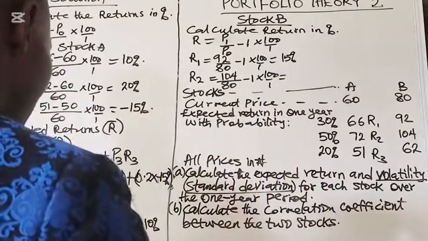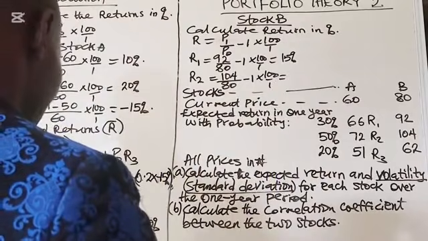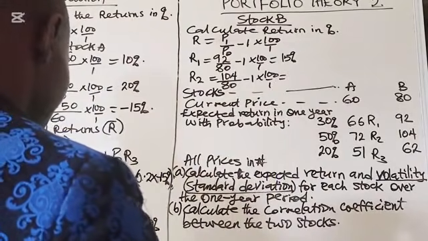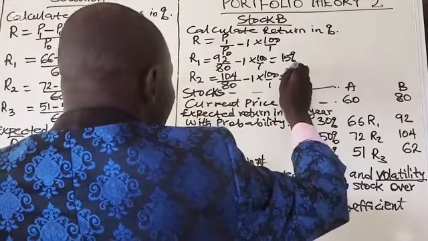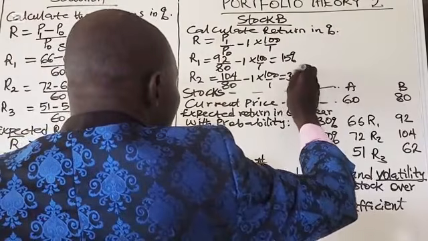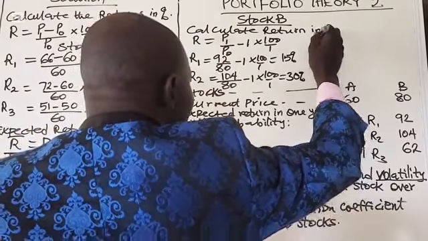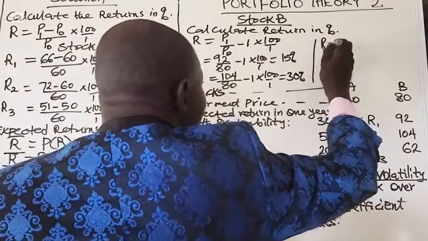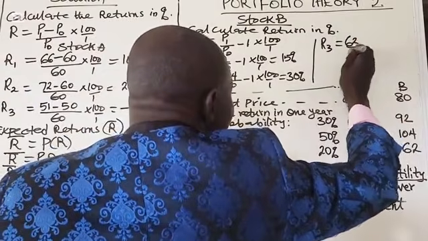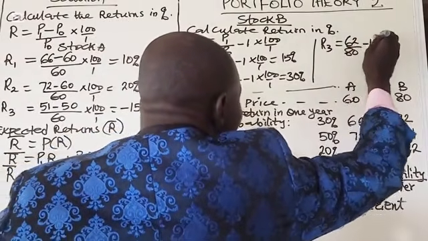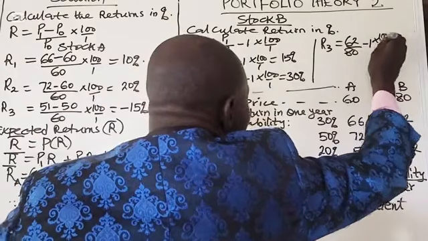104 divided by 80 minus 1 times 100 gives us 30%. Then return 3, which is 62 over 80 minus 1 times 100 over 1.